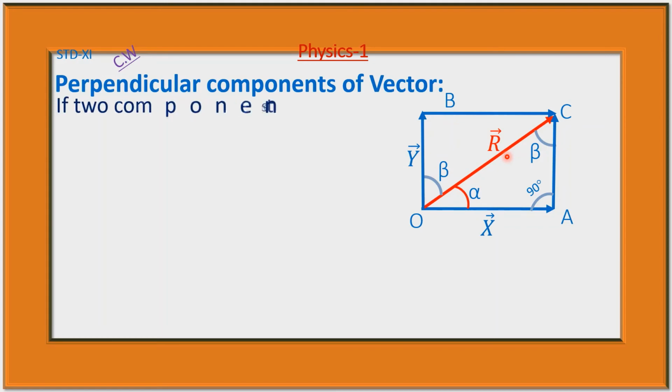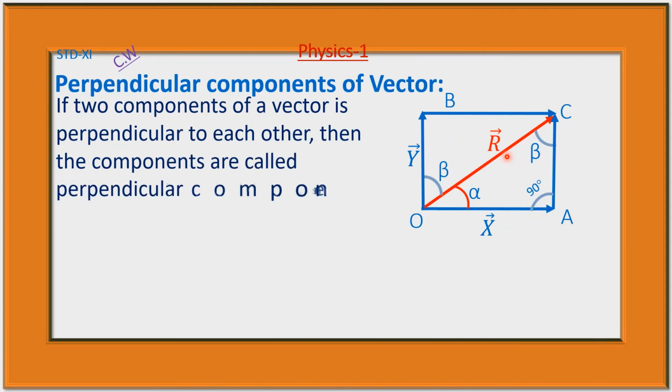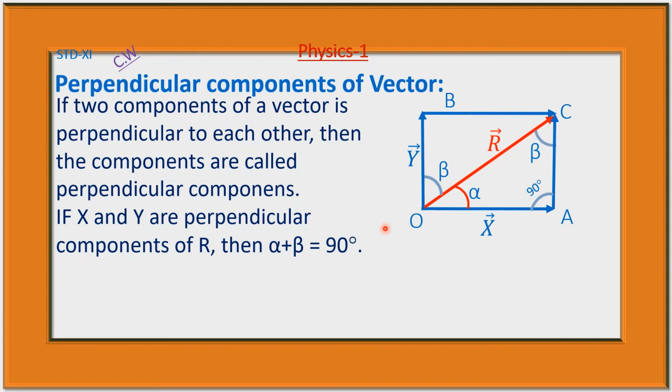Now we can say, if two components of a vector are perpendicular to each other, then the components are called perpendicular components. If x and y are perpendicular components of R, then alpha plus beta is equal to 90 degree, because the angle between x vector and y vector is 90 degree, because they are perpendicular to each other.